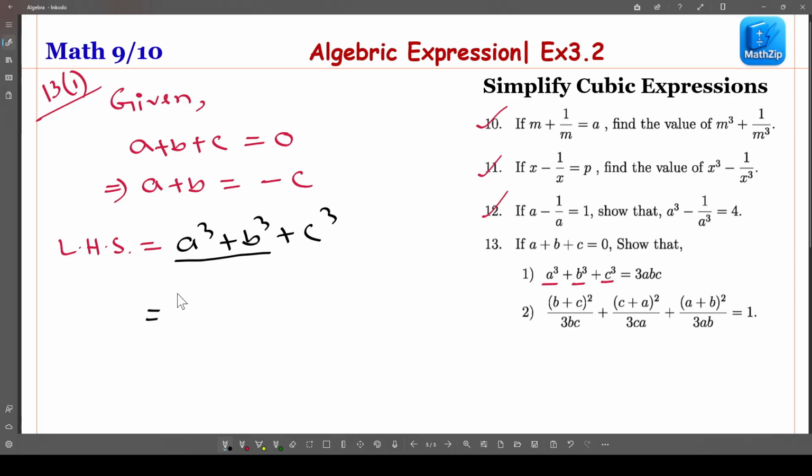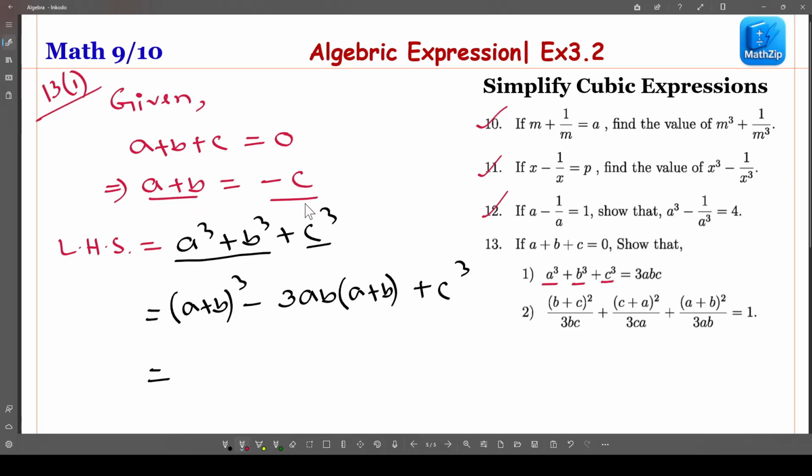For this we can write a plus b whole cube minus 3ab times a plus b, and here is plus c cube. We know a plus b means minus c, so we can write minus c whole cube minus 3ab, and this a plus b is minus c, and here is plus c cube.